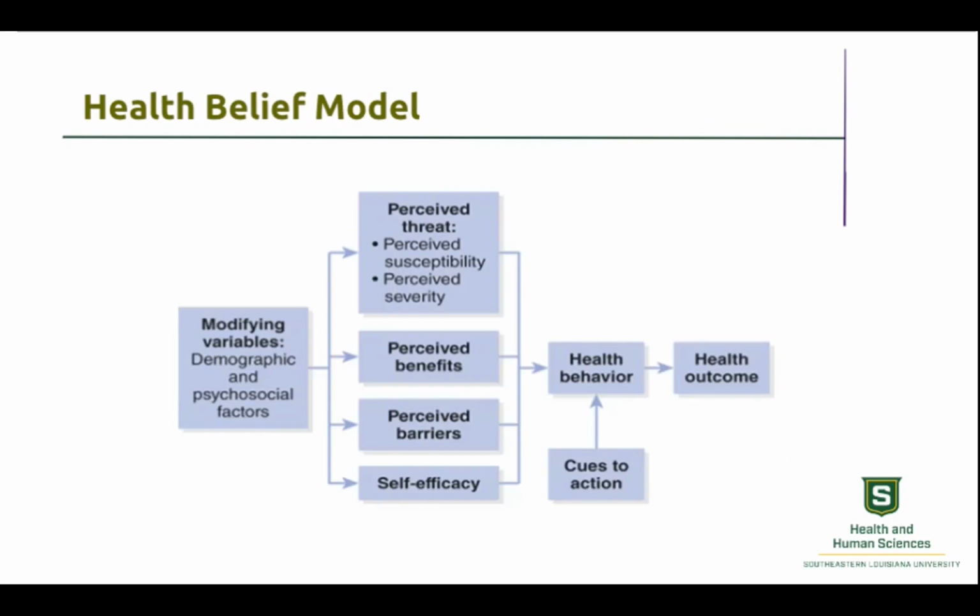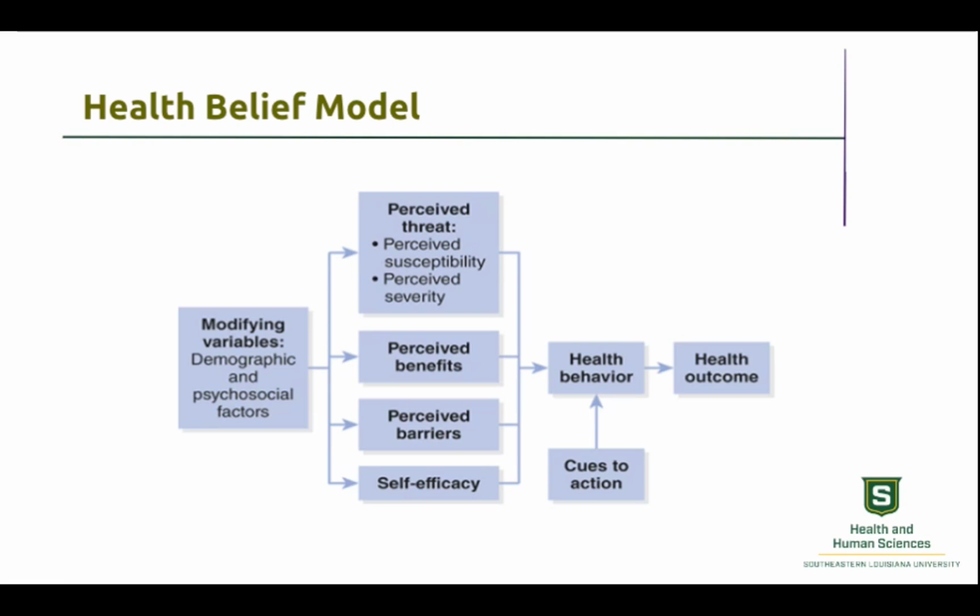But for the sake of this class, we are going to focus on the health belief model and the transtheoretical model. So this is what the health belief model is in a nutshell, where you are looking at perceived threat, and you're looking at perceived benefits, perceived barriers, and self-efficacy. It says these are things that influence people's behavior: perceived threat, benefits, barriers, and self-efficacy.